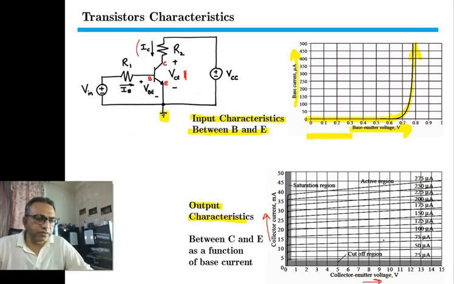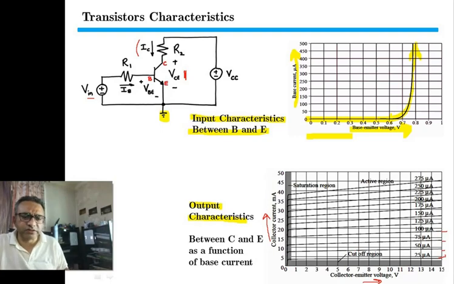And we observe such characteristics by changing the value of base current. So first of all, we will arrange Vin so that 25 milliampere flows into the base, and then we will note the graph between collector emitter voltage and collector current, and then we will increase the base current and note the same readings of collector emitter voltage and collector current.